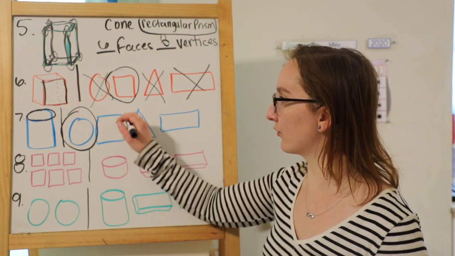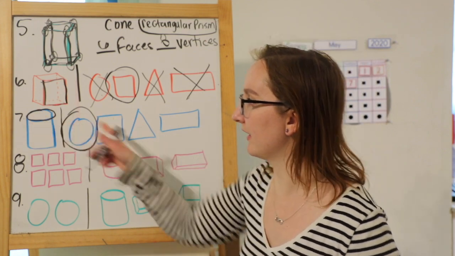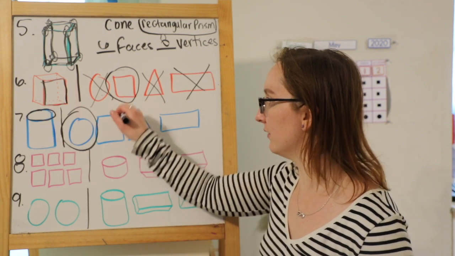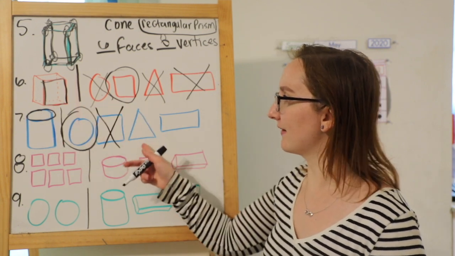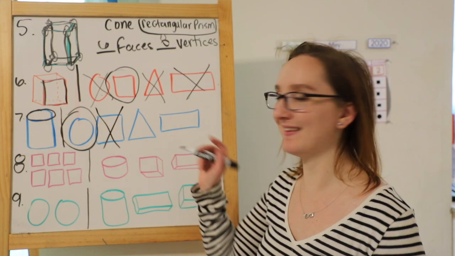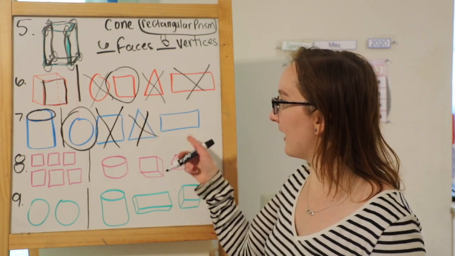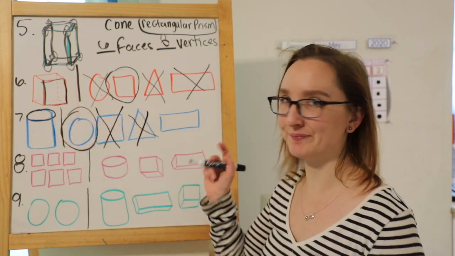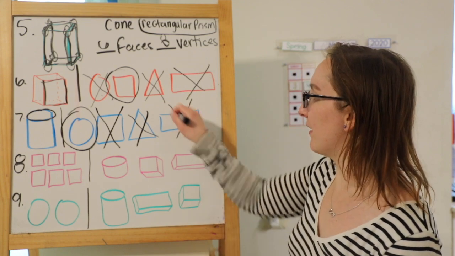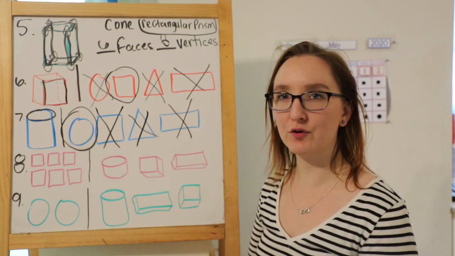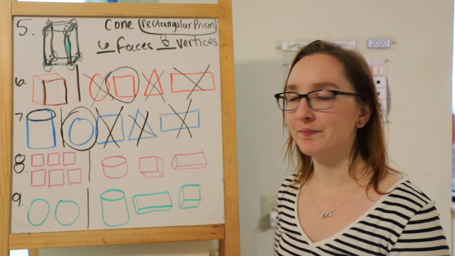My next one is a square, which didn't really seem to match with that shape that I drew, so I'm going to cross it out. Next I have my triangle, which doesn't seem to match either. And last I have my rectangle, which doesn't match either. So it looks like my face is a circle and this is my cylinder.